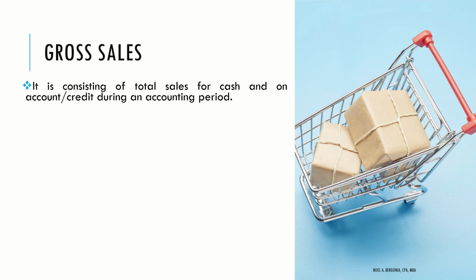So, it is actually consisting the total sales, lahat ng benta natin, either for cash or on account or on credit during the period. So, again, your gross sales is equal to our what? Cash sales, plus any credit sales or sales on account.